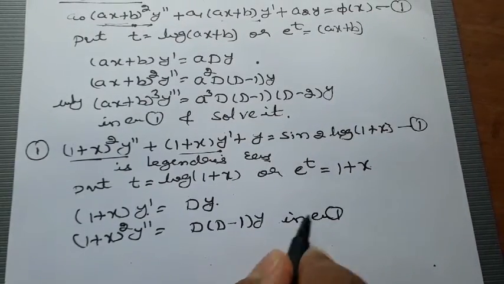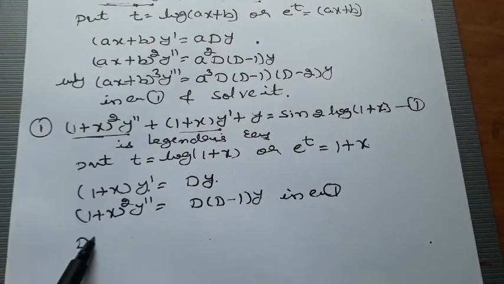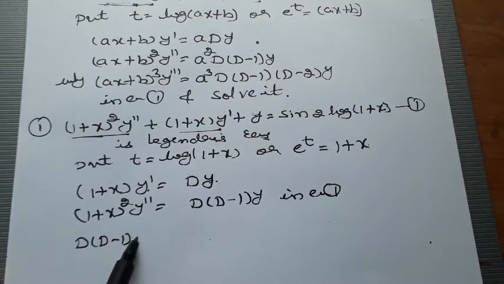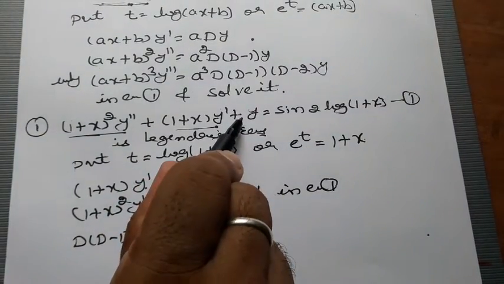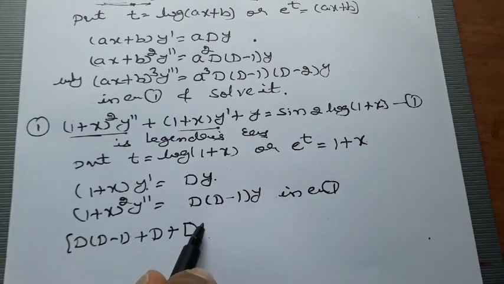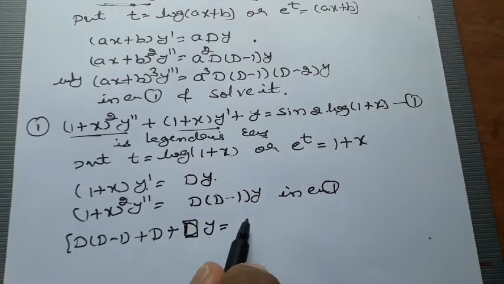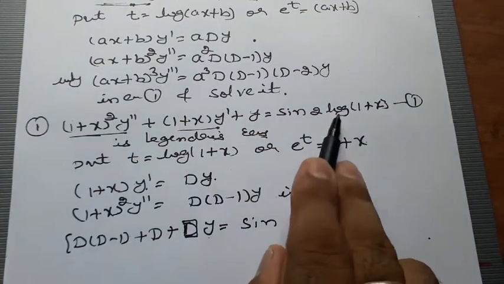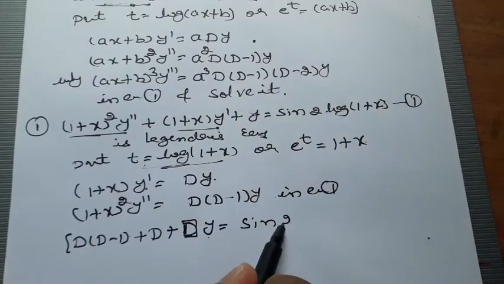In equation 1, in the place of this I put D into D minus 1, y taking common, plus (1 plus x) y dash means D, plus 1 remaining here into 1, y is equal to sine of 2 log of 1 plus x, which means sine of 2t.